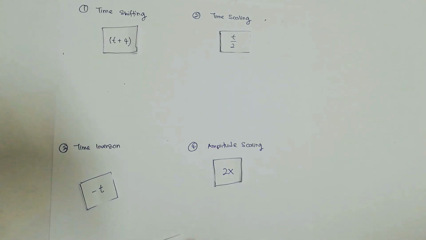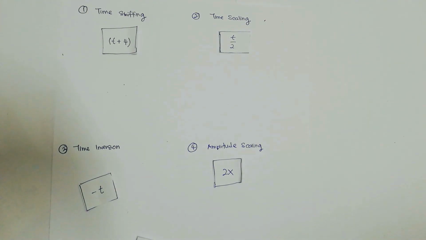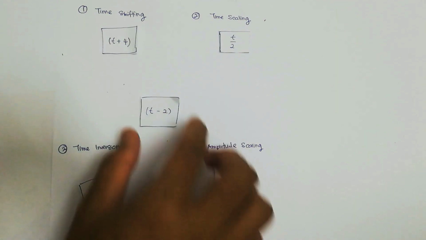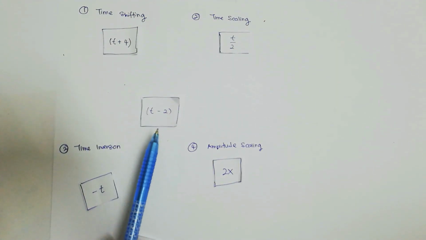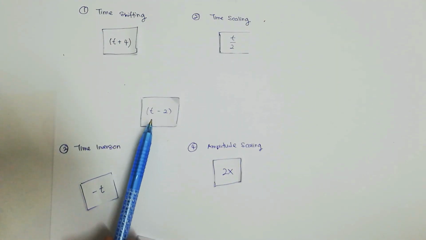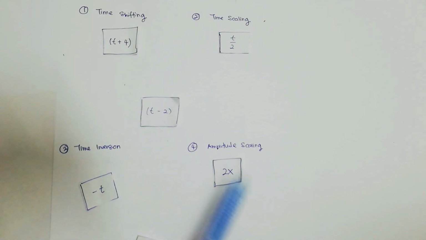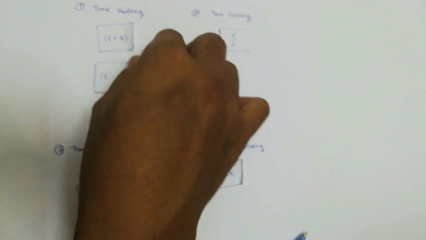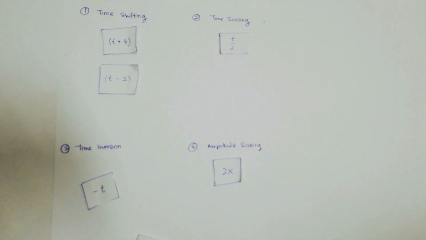Let's try this one. What is this? It's a delay system. So t minus 2 is a delay system, so it goes to the time shifting transformation.